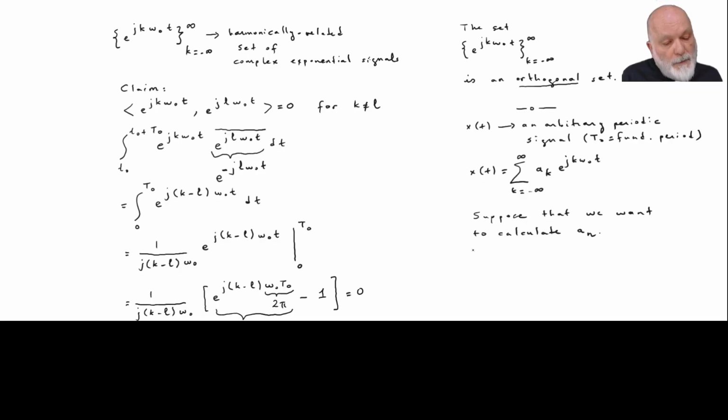Okay, so we evaluate the inner product of both sides of this expression of the Fourier series by e to the j n omega 0 t.